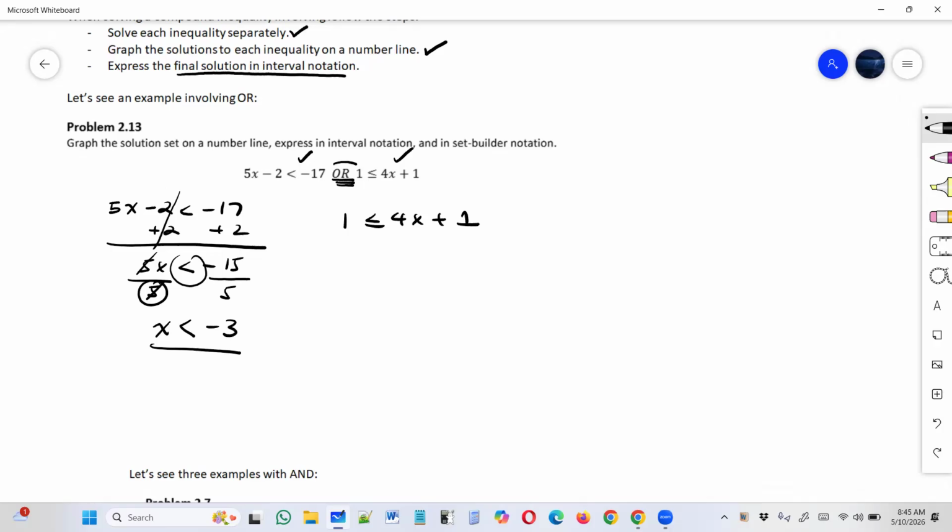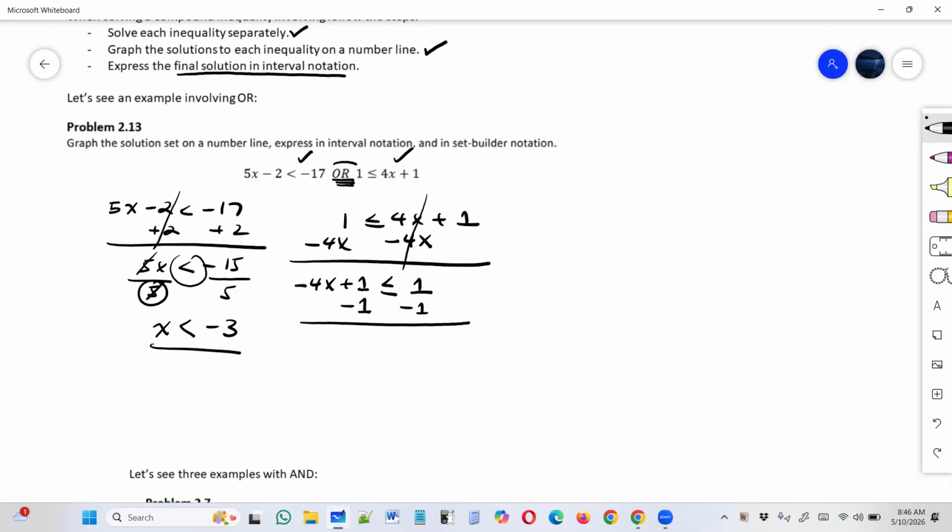This is the other inequality, and I am going to solve it by moving the variable to the left side, okay? Because I think it's easier for you, minus 4x here, and if you do it here, you do it there also. So here they cancel. I'm left with negative 4x plus 1 less than or equal to 1. Isolate the variable means I have to get rid of this plus 1 right here.